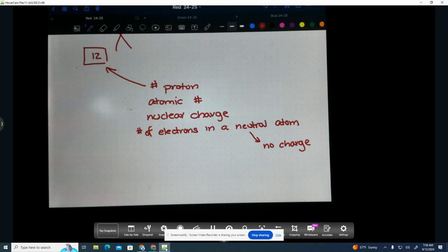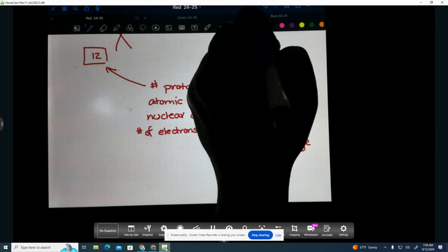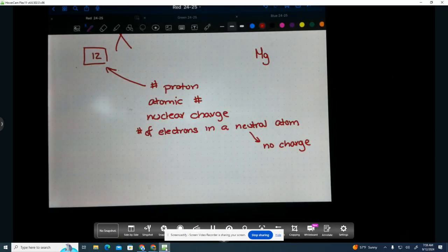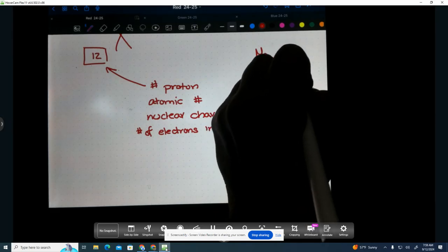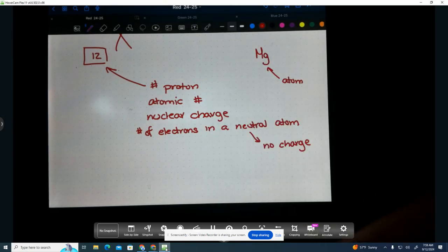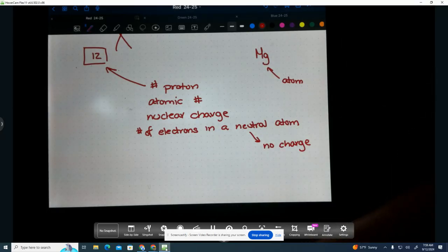So when I write down an atomic symbol, like magnesium, for instance, just like that, that is an atom. It has no charge. And so therefore, if I ask you how many electrons that magnesium has, what are you going to say?